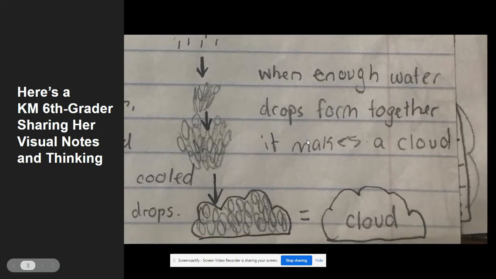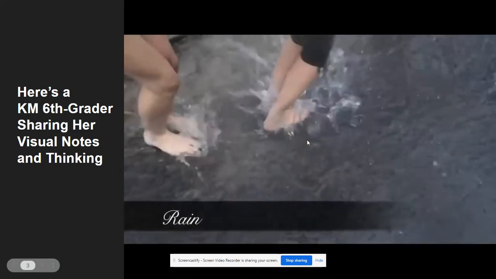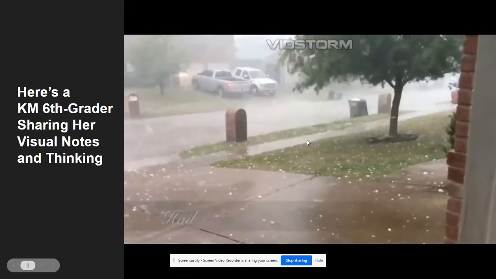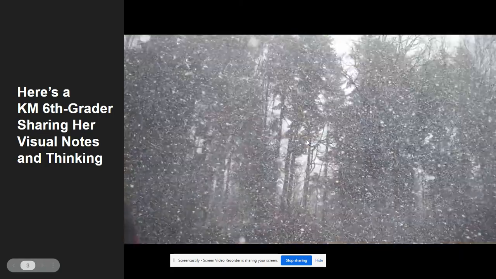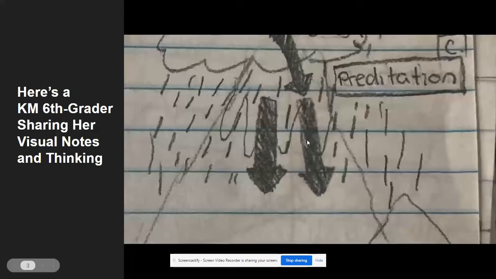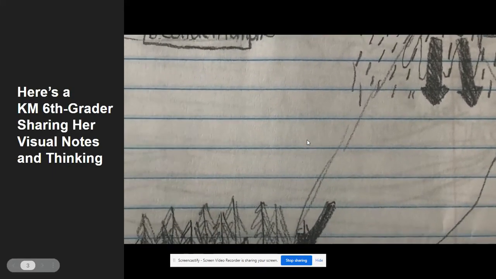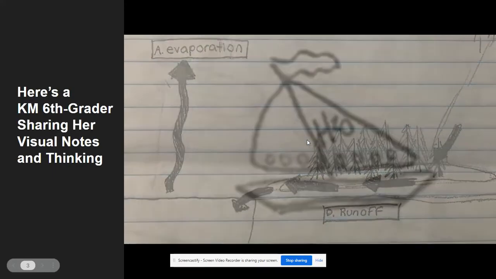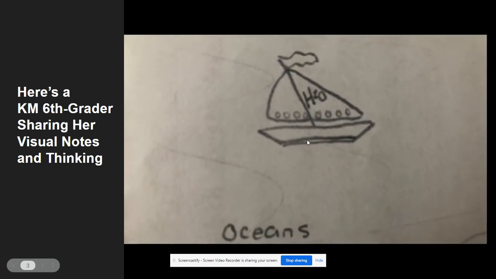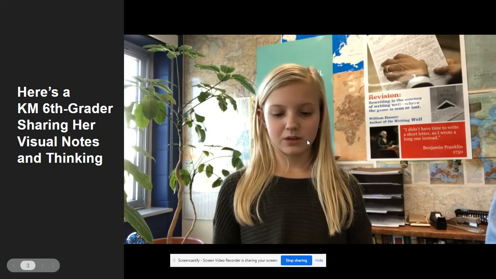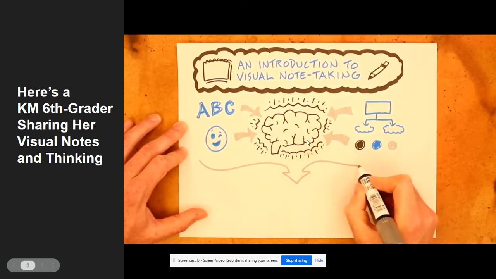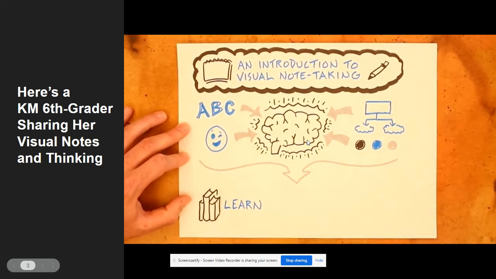And precipitation is when water, rain or sleet or snow, anything in that form comes back down onto Earth's surface. And then runoff is when it lands on land and flows back into the ocean or river body of water. It helps me understand what I wrote down in the information in the resource better. I take notes this way because it helps the way I think and can organize my thoughts.